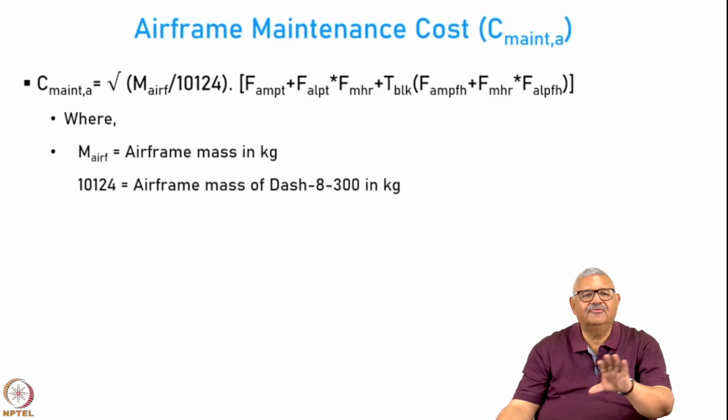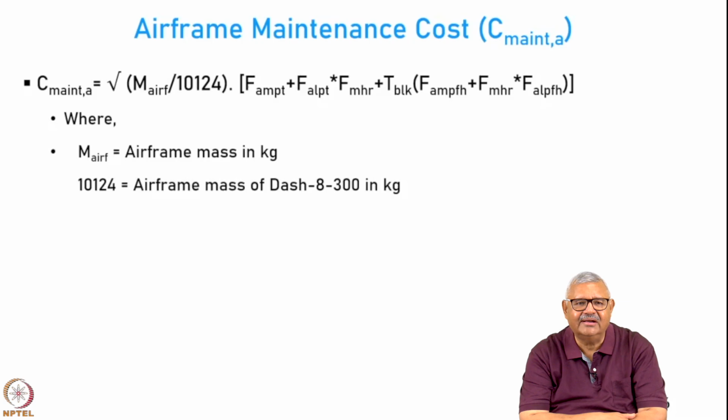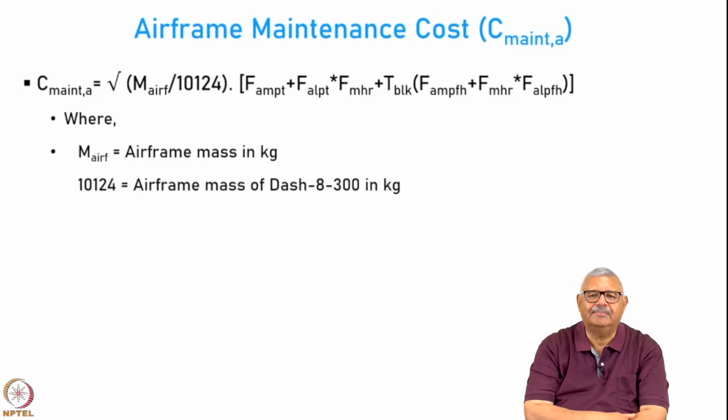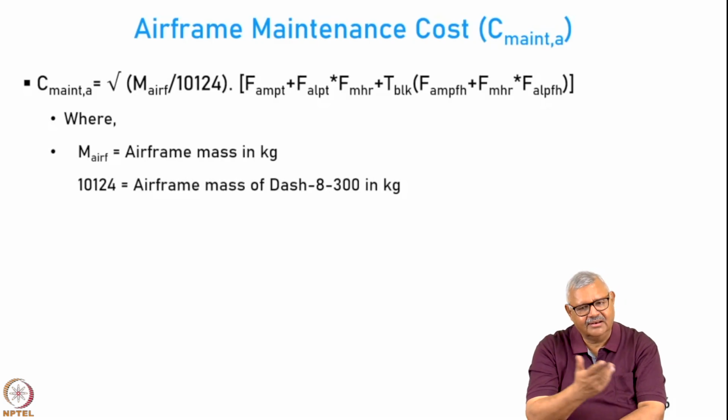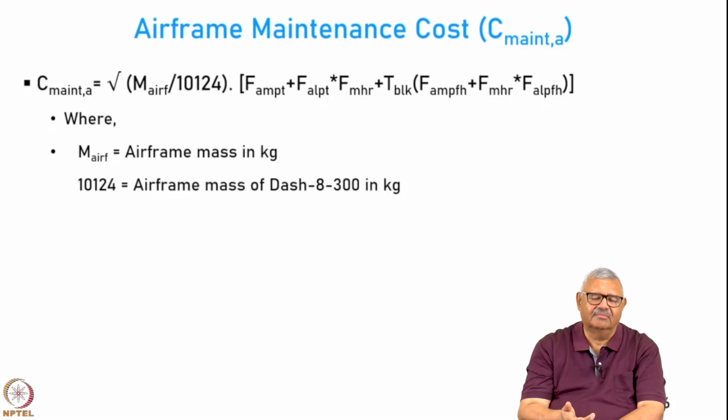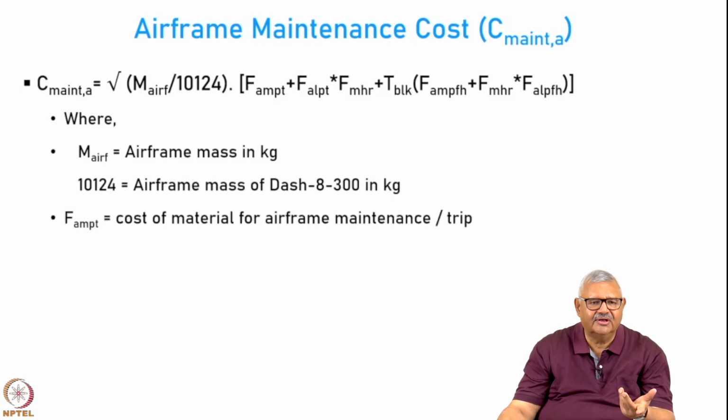Okay. So, we assume here that the airframe maintenance costs are going to scale up or scale down on the basis of the root of the airframe weight. Again, an assumption. It is reasonable, it is based on industry practice, but it is an assumption. Something has to be assumed, so we assume it.